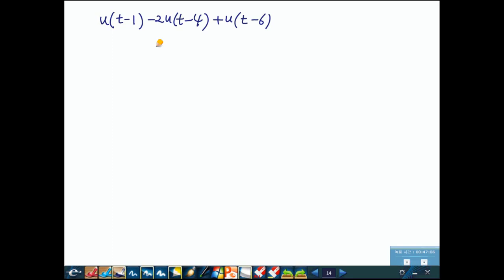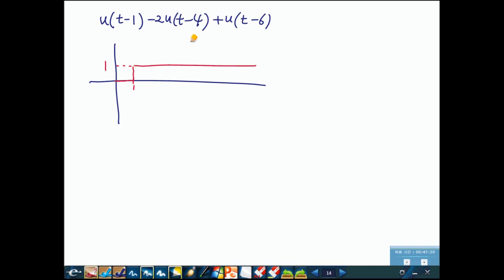What's going to happen is this. For t minus 1, it starts from 0 and at 1 it goes to 1. At 4, we have minus 2, so it goes down by 2. And at 6, it does that, and you add them up.